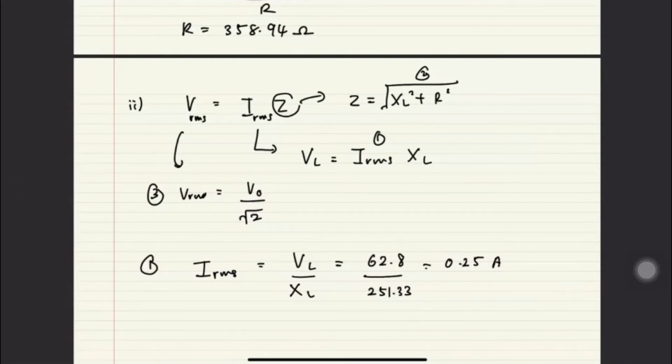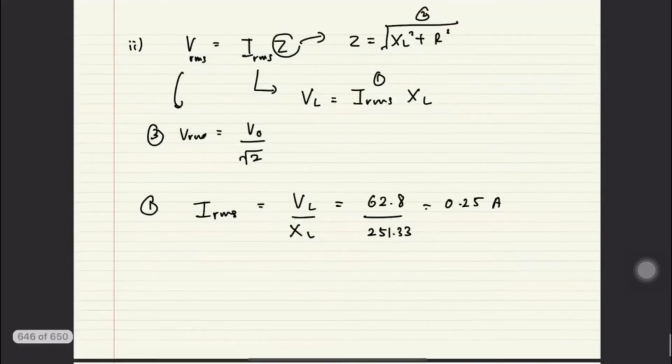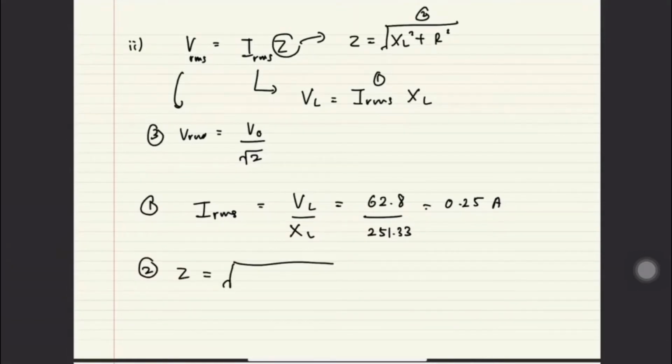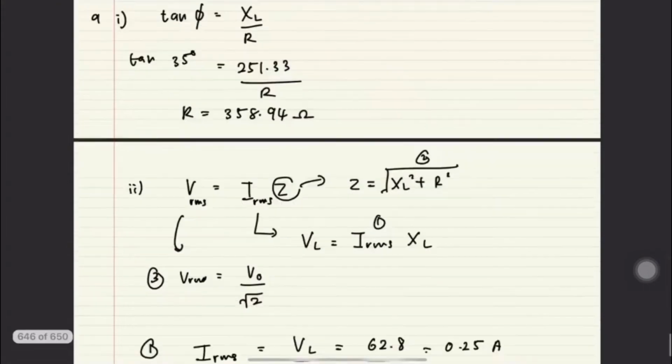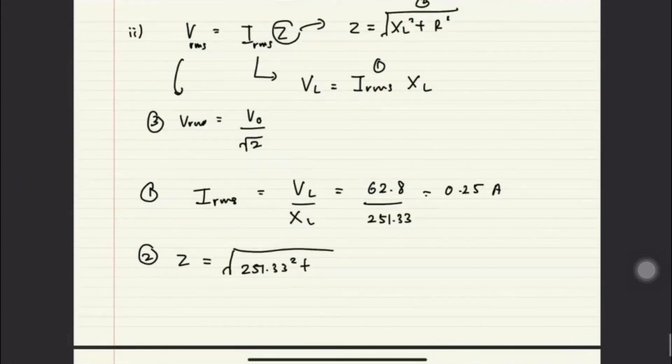And then step number 2, Z equals the square root of XL squared plus R squared. Again, XL is 251.33 squared plus 358.94 squared. So we get 438.18 ohms.